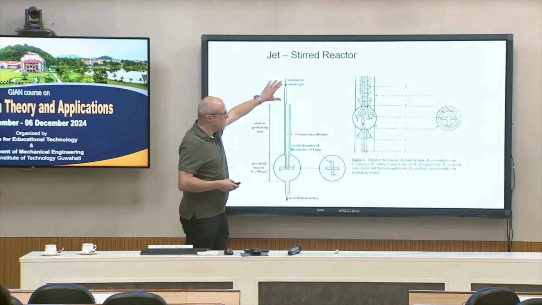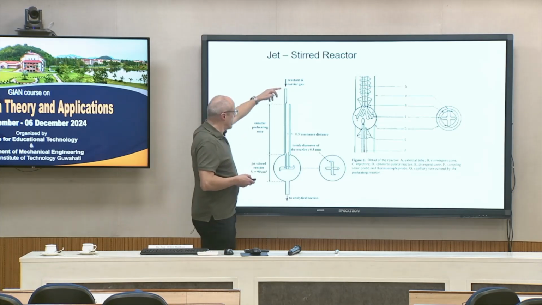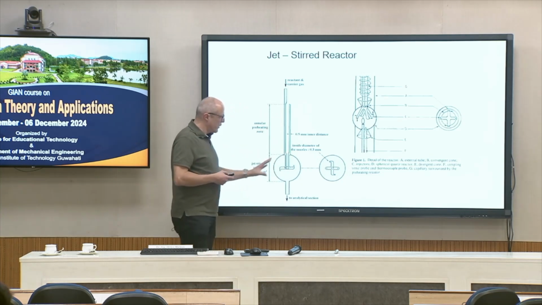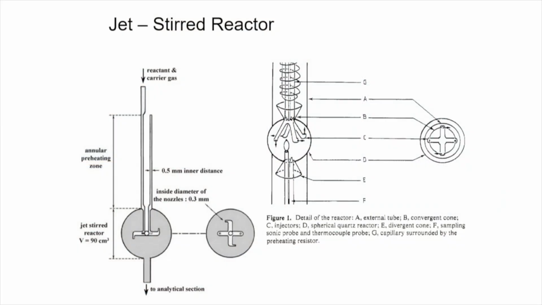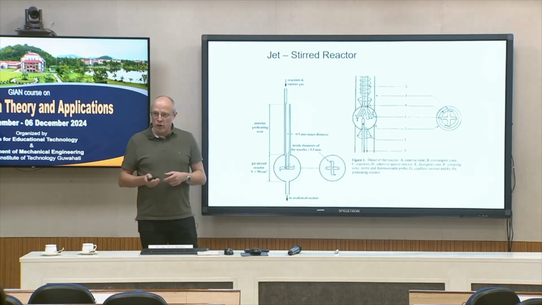So we have a cold mixture here without any reactions hopefully taking place, and then this is heated up as fast as possible, and then it reaches our reactor, and after a given residence time it leaves the reactor again, and then we can analyze the gas flowing out of the reactor. Depending on the residence time, temperature, and mixture composition, we can learn a lot about the chemistry here.